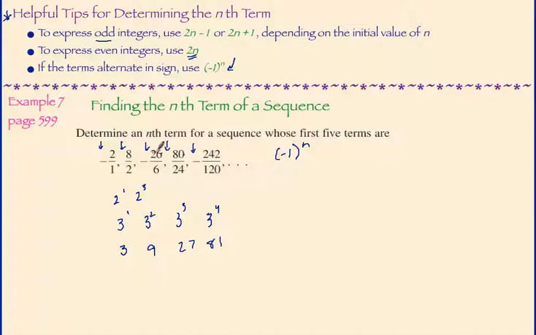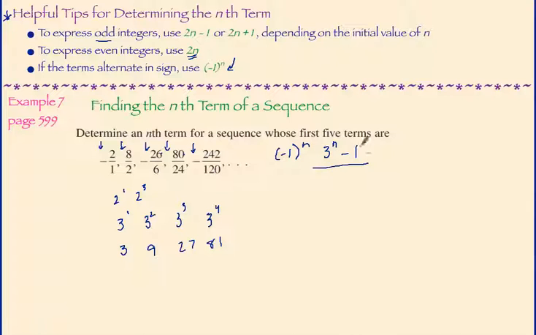This is 1 less than each of the powers of 3. So the numerator can be quantified this way. 3 to the n, but then subtract 1 from it. So raise 3 to the first power, second power, third power, but in each case subtract 1, and that gives us the numerators that we have here.